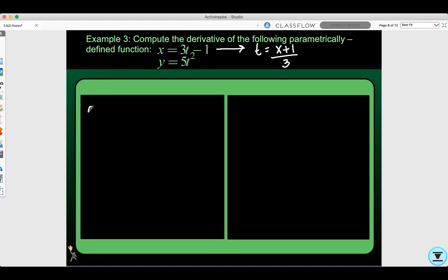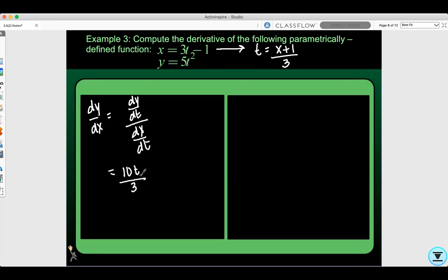So if I want to find dy over dx, that would just be dy over dt divided by dx over dt. For dy over dt, if I look at 5t squared, the derivative of that would be 10t, divided by dx dt, the derivative of 3t minus 1, which is just 3. But we want it in terms of x. Right now it's in terms of t.